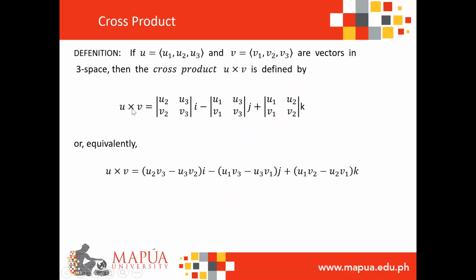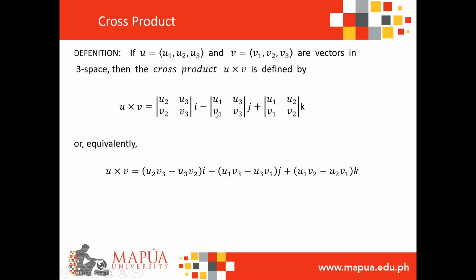We have the following formula: the first submatrix, u2, u3, v2, v3, times i, minus u1, u3, v1, v3 times j, plus u1, u2, v1, v2 times k.